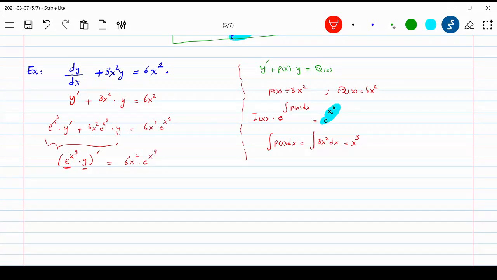So now if I integrate both sides, what do I get? On the left hand side, the integral and the derivative can cancel out. You'll get e to the power x cubed times y. And on the right hand side, what we have is the integral of 6x squared e to the x cubed dx.